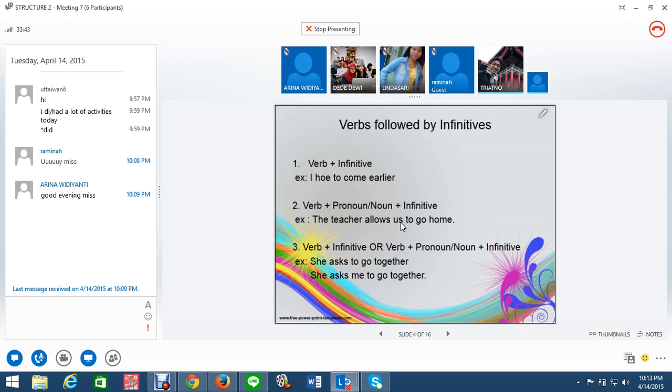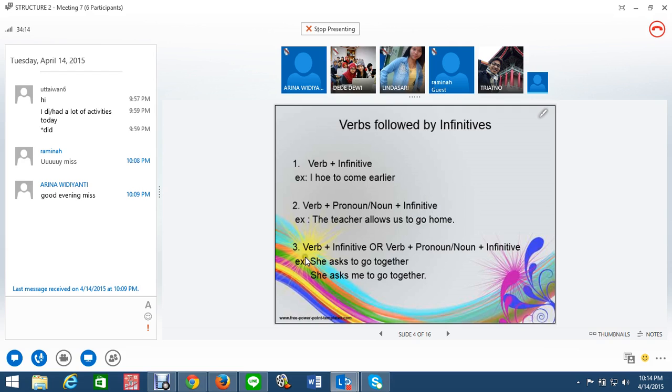Yeah, that's correct, we. And then maybe we can substitute or replace it with a noun, bisa noun juga di sini. And then directly after the pronoun or noun is followed by infinitive, to go. Okay, the teacher allows us to go home. You see that? So the first thing that you have to remember is the rule or the formula.